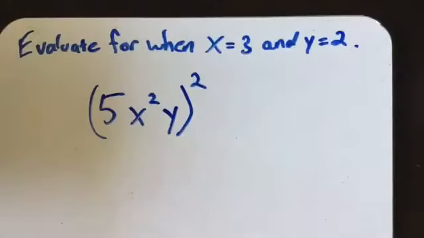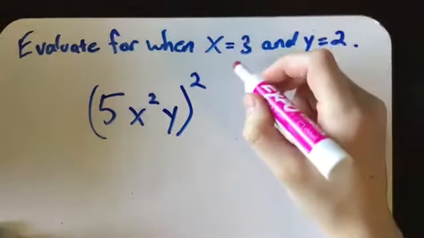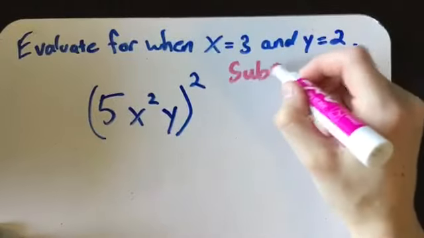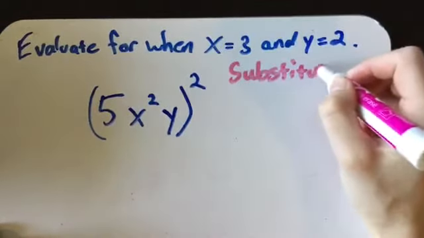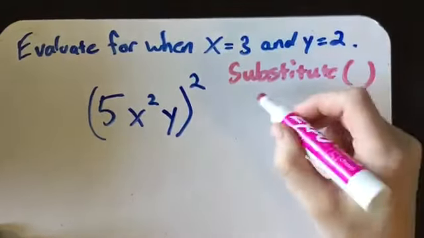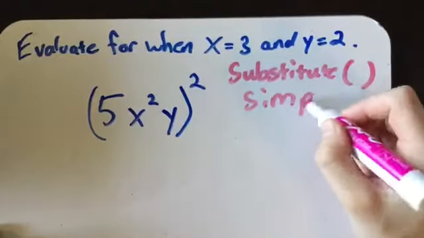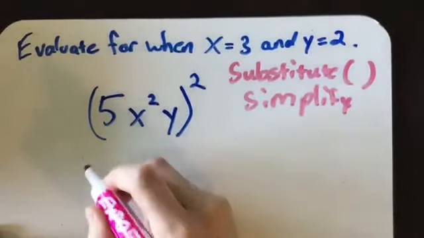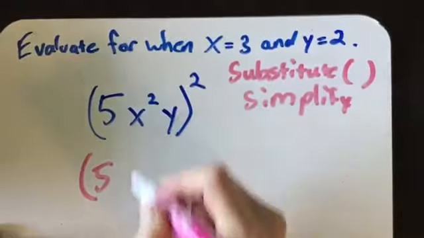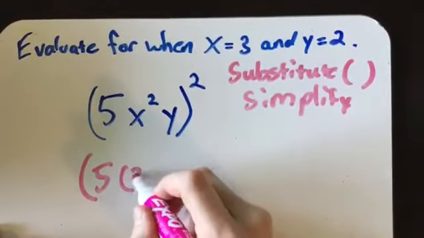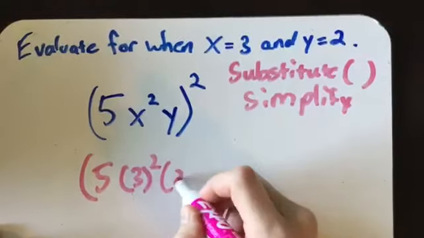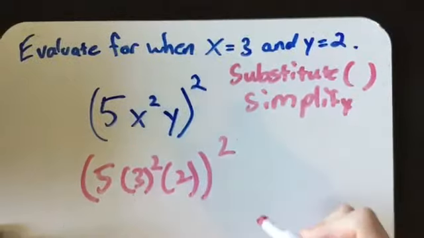Our last set of directions I wanted to go over were evaluate for when x equals 3 and y equals 2. And with this set of directions, we're going to substitute in using our parentheses and then simplify. Okay? So when we do that, we've got 5, now x squared, so I put in our 3 to the 2nd times 2, and then the whole thing to the 2nd power.